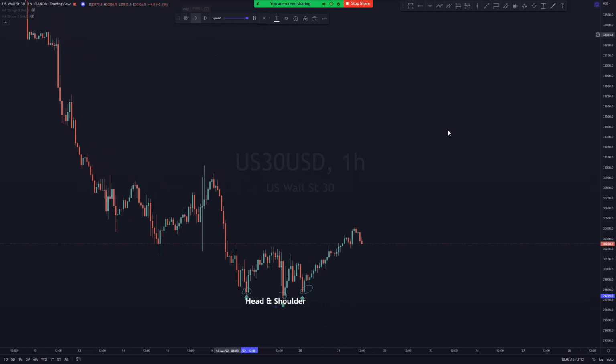Yeah. After this head and shoulder, we have a breakout to the upside. Break this W formation here. As you see, we have this one and break.